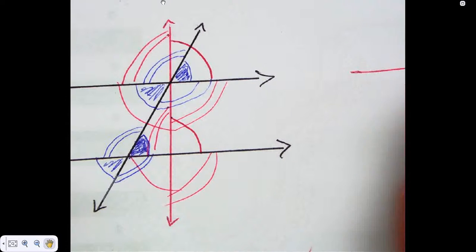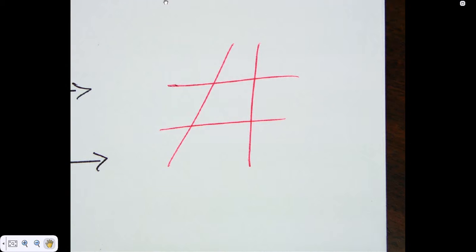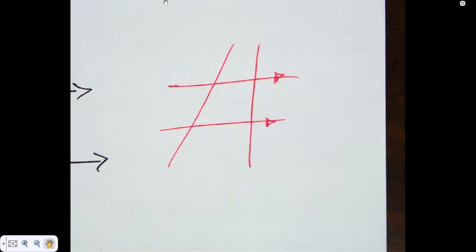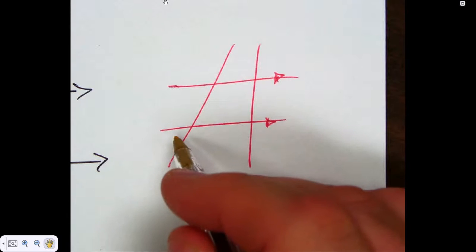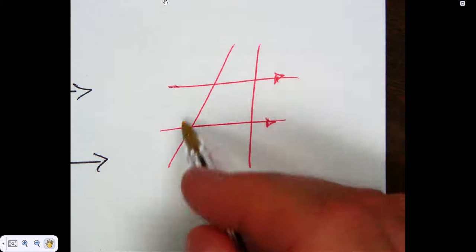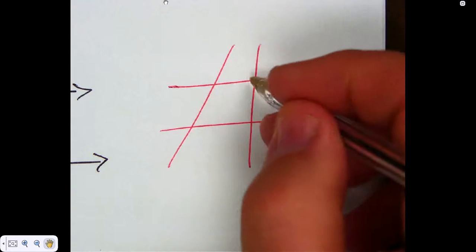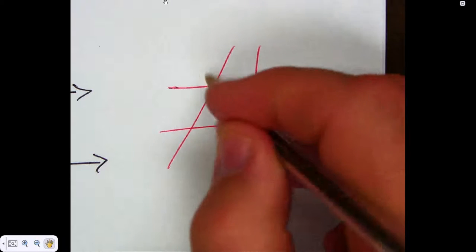Or when they have ones like this. And these are the two that are parallel. Do these angles here have anything to do with these angles over here? They don't, do they? But these angles have something to do with each other, don't they? But are these two parallel? So this is not a transversal. You can't say that alternate interior angles are congruent here, can you?